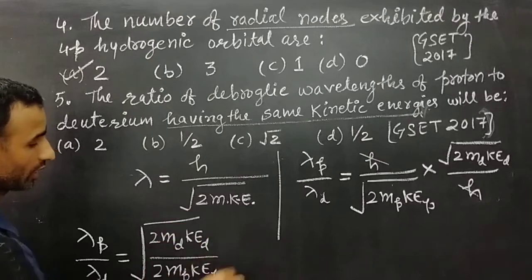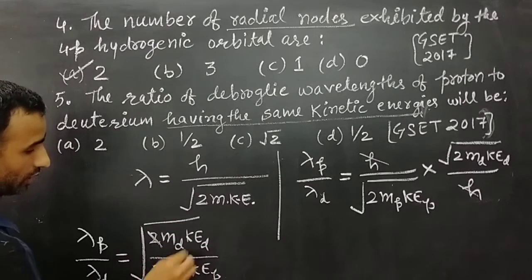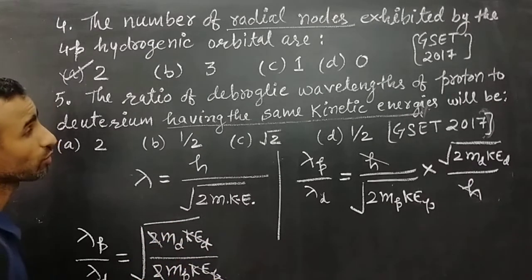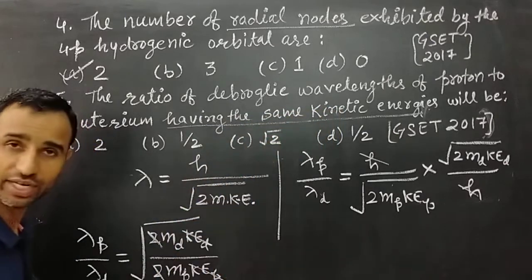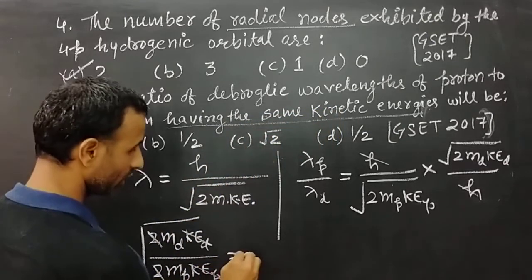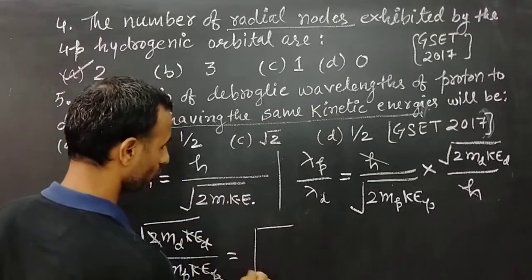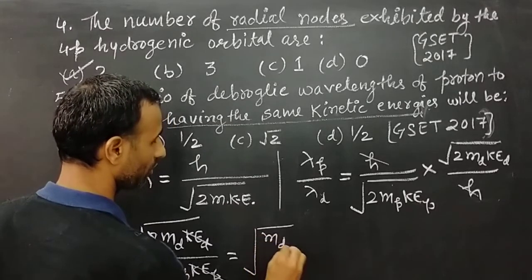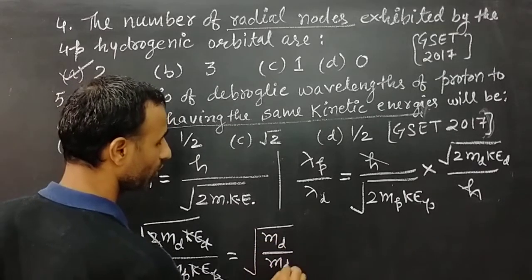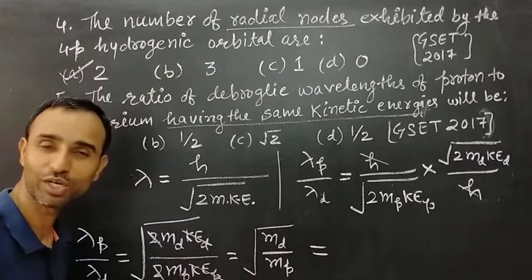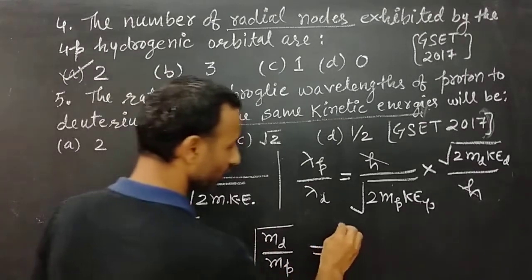So you know, kinetic energy of deuterium is equal to kinetic energy of proton because they have same kinetic energy. That's why it is actually square root of mass of deuterium to mass of proton. So what is the relation between the masses?